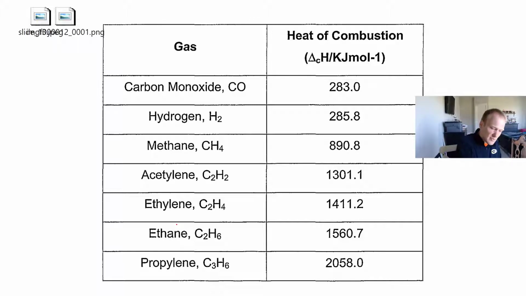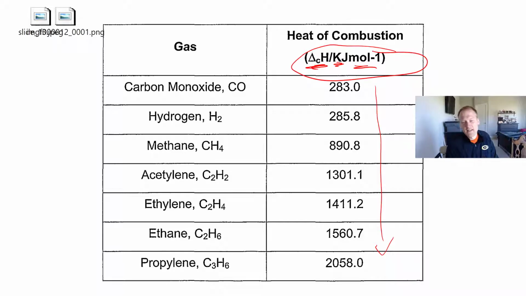So these are some common things that we know burn: propylene, ethane, ethylene, acetylene, methane, hydrogen, carbon monoxide. All of these things burn. And you can see over here to the right, this is how much heat they produce, in kilojoules per mole. I know this is written a little weird, but it's telling us how many kilojoules they produce per mole.